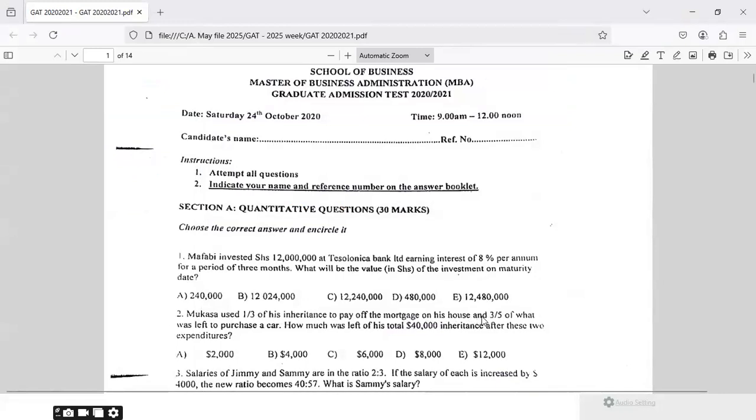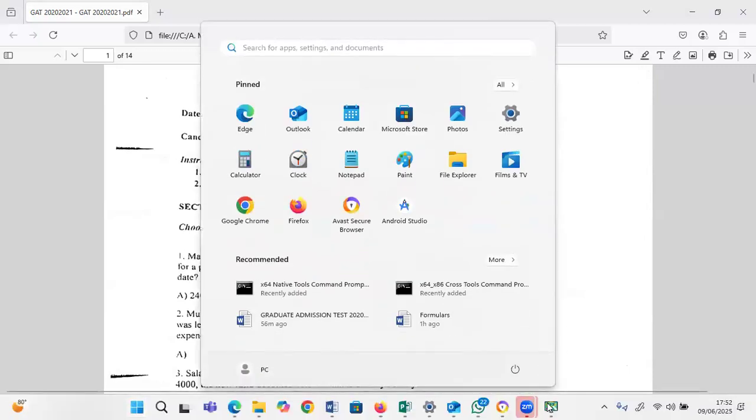Now, where it starts from is a new sentence, which says that 3 out of 5 of what was left to purchase a car. Now, let's go on what was left. We take off 3 of this to purchase a car. And then we are going to find out how much was left after these 2 expenditures.